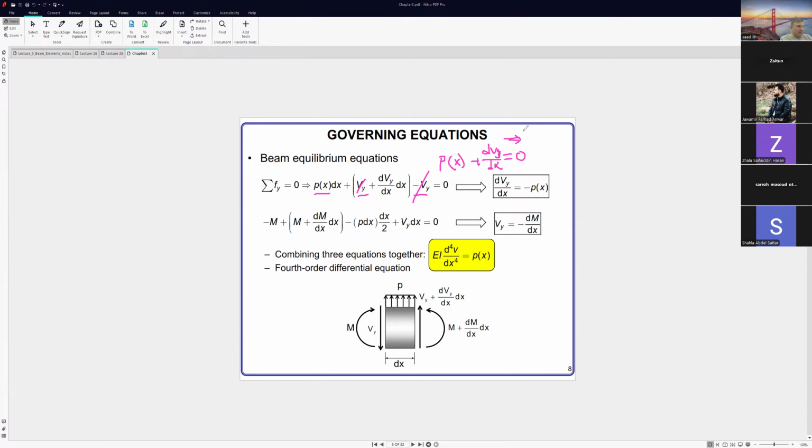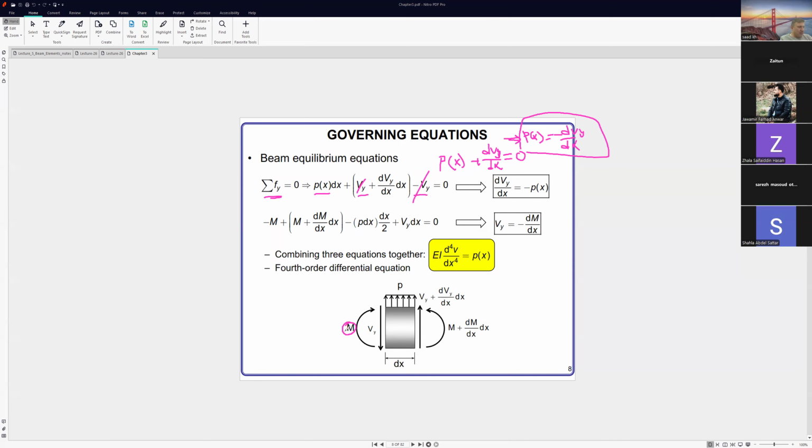This means that P of x is equal to minus dVy over dx. Is it clear? This equation comes from the summation of Fy. So now we will also take moment. We have the moment.